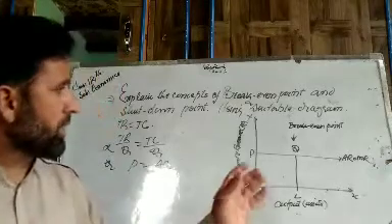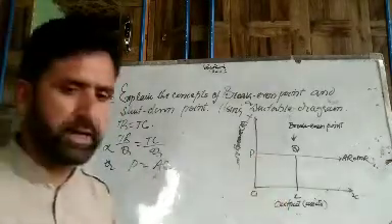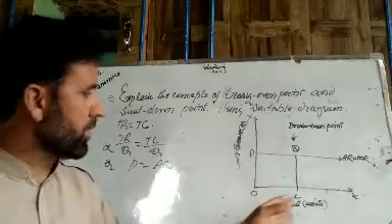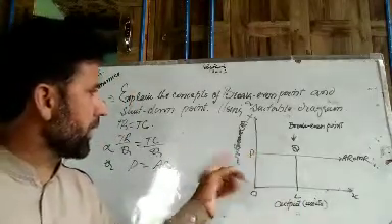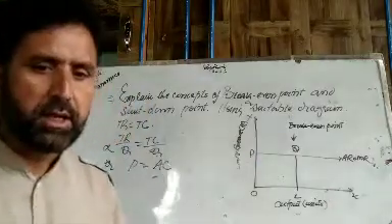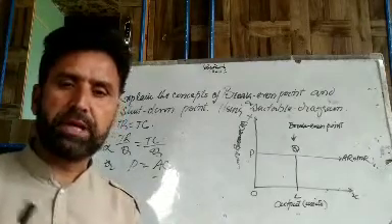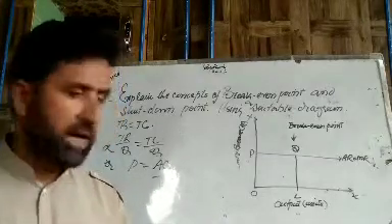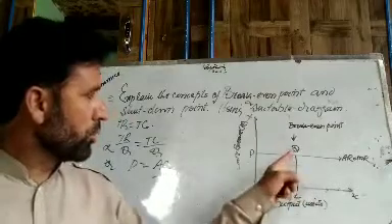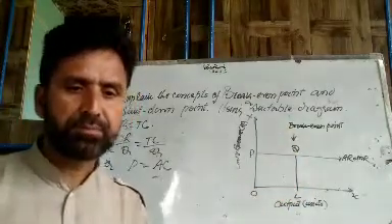Now you can see here on this figure, on the x-axis we take output and on the y-axis we take cost and revenue in rupees. Dear students, this illustration is the situation of the break-even point. You see here that this point Q is the break-even point.